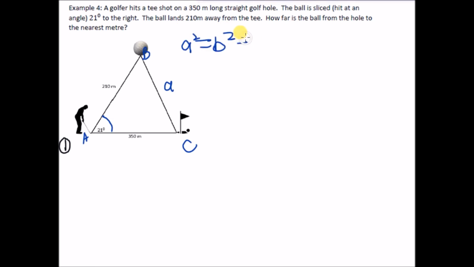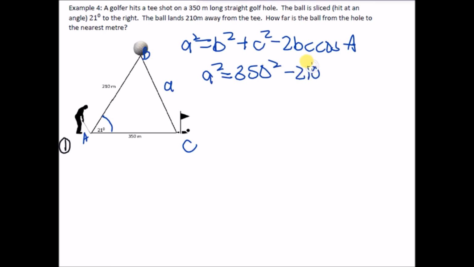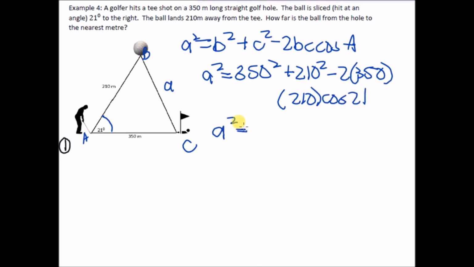A squared equals B squared plus C squared minus 2BC cos A. And all we're going to do is sub in B, which is 350, square that, plus 210, square that, minus 2 times 350 times 210, I'm just continuing underneath, cos 21 degrees.